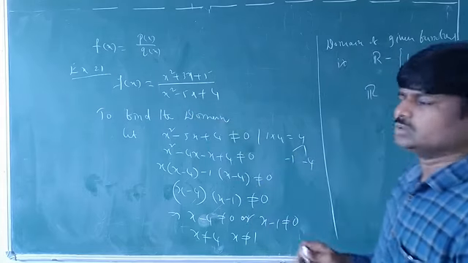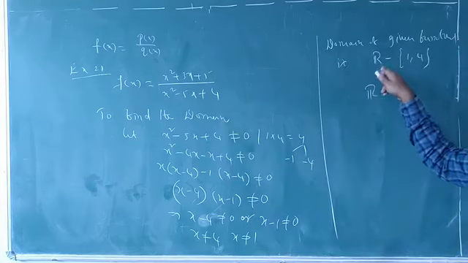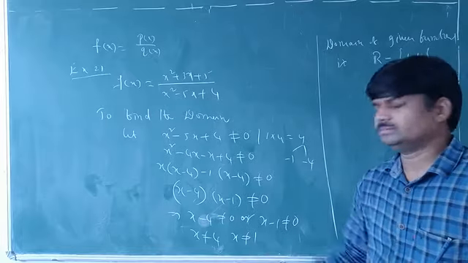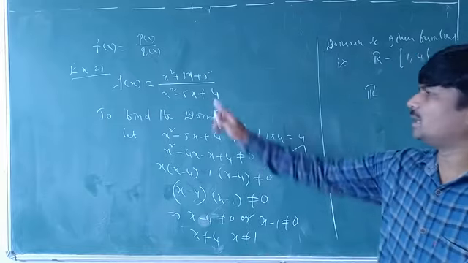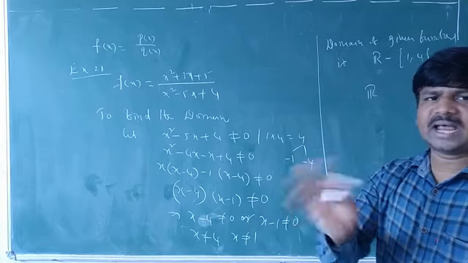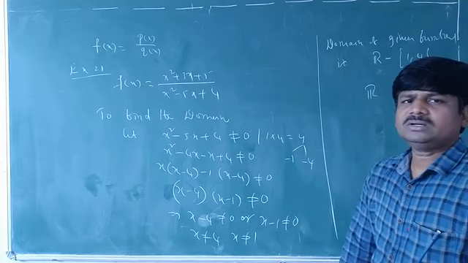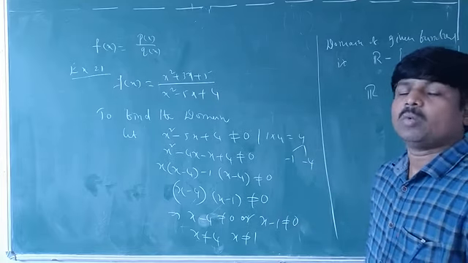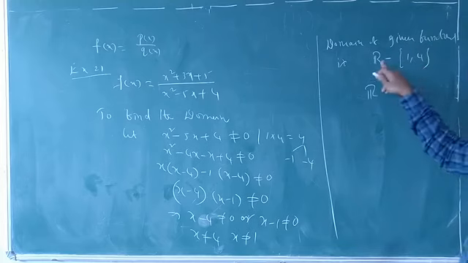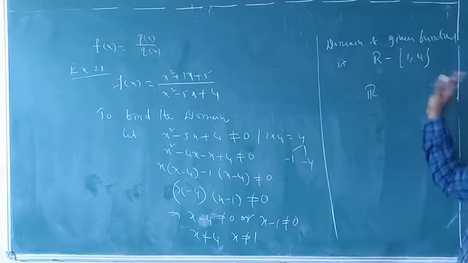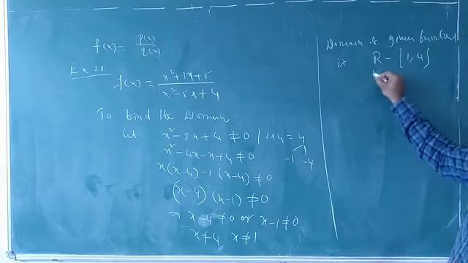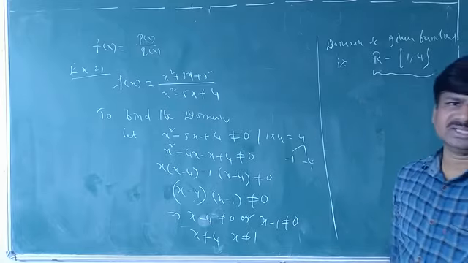So you have to take all the real numbers except 1 and 4. Those values which give denominator 0 you cannot take. What are those values? 1 and 4. So remove them from R. R minus {1, 4} is the domain of the given function.